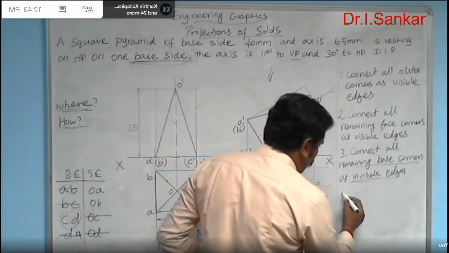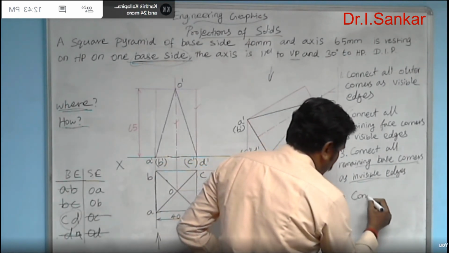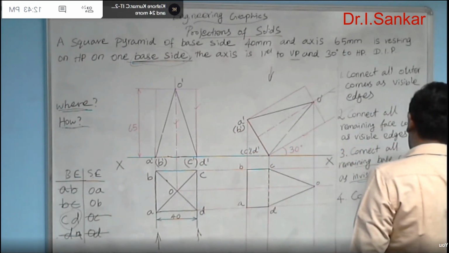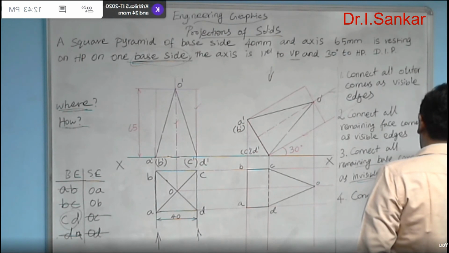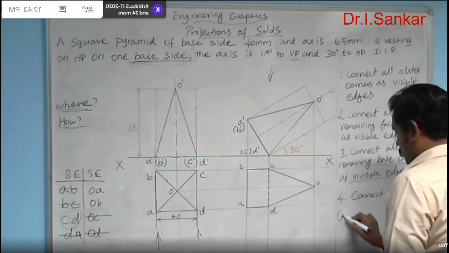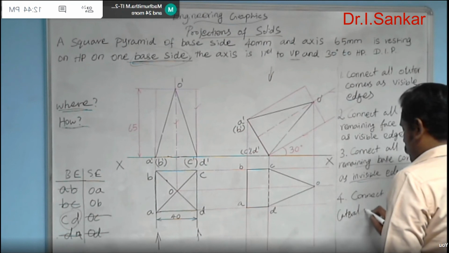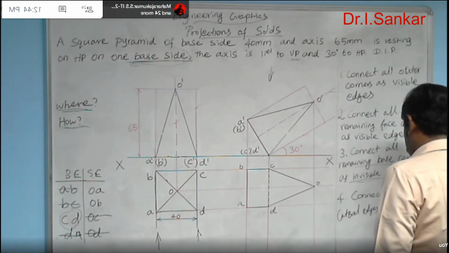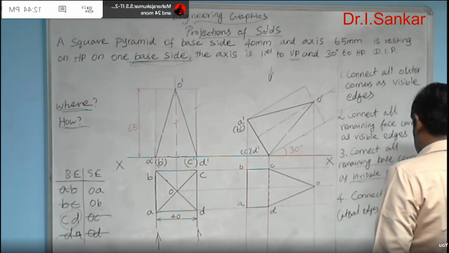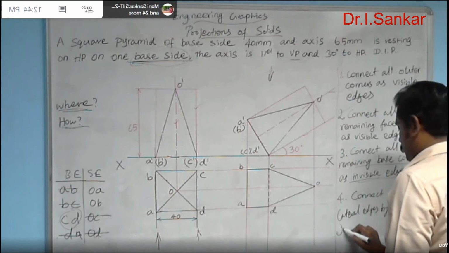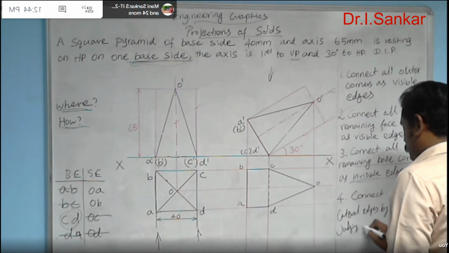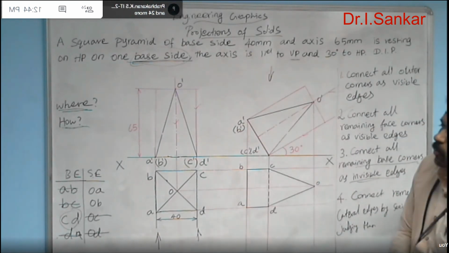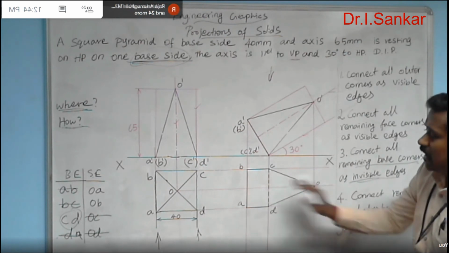And what is the fourth rule? Connect the remaining lateral edges by seeing and judging them. The remaining edges are nothing but OA and OB, which are not yet connected.